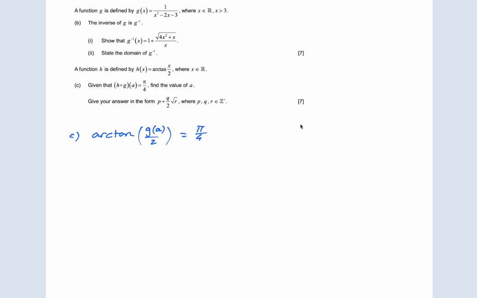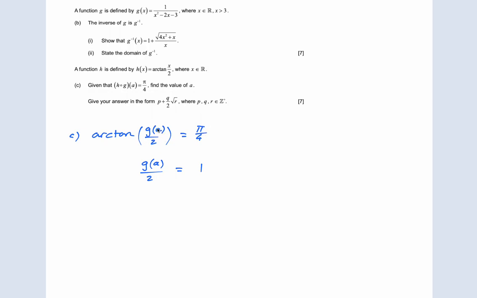Okay, so they've just kind of annoyingly added in an arctan here just to make sure you're paying attention, or to test your arc trig skills. But essentially, if arctan of this equals pi over 4, then this, the g of a over 2, has to equal 1, because tan of pi over 4 is 1.